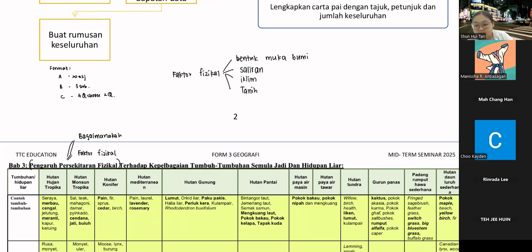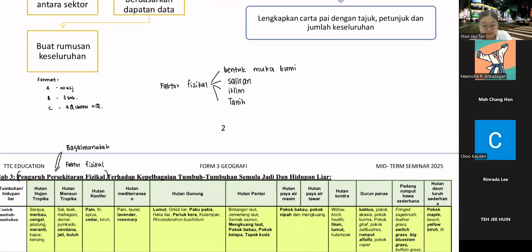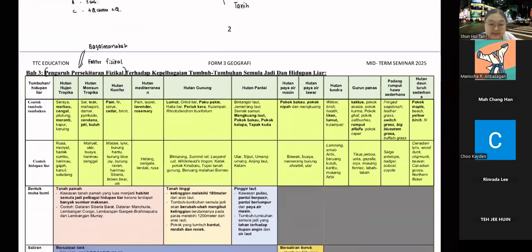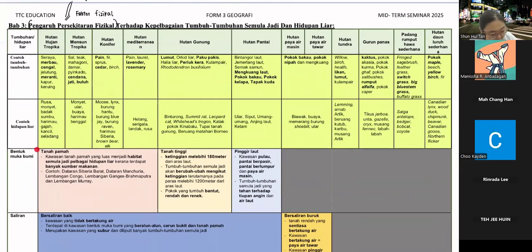Now, if they only ask you to explain bentuk muka bumi, how? Then you got to say, tanah pamah. The keyword is tanah pamah yang luas, very wide, sesuai untuk menjadi habitat semula jadi kepada pelbagai hidupan liar.